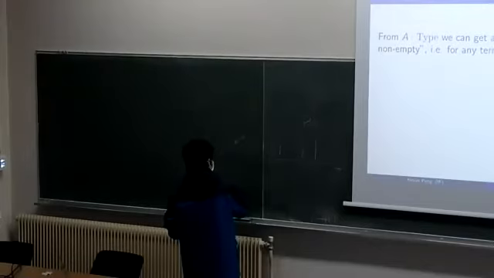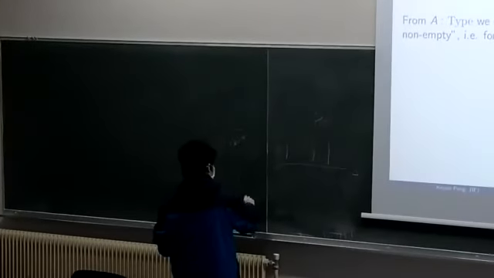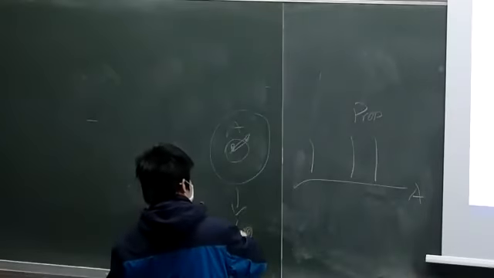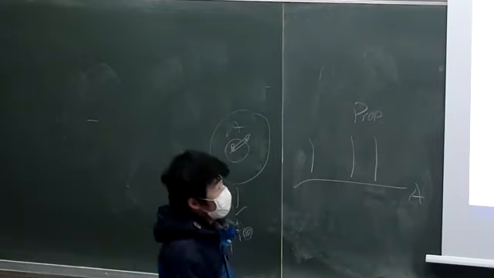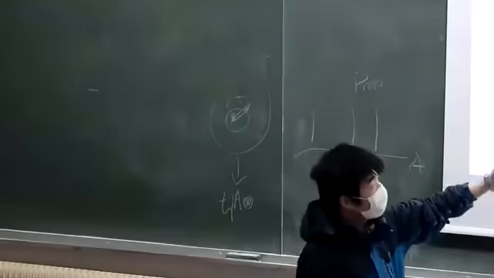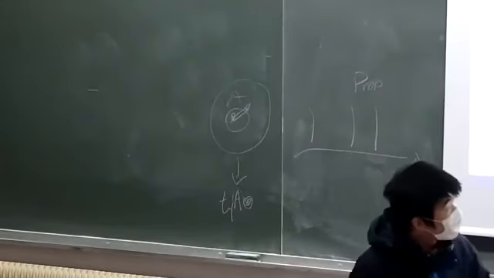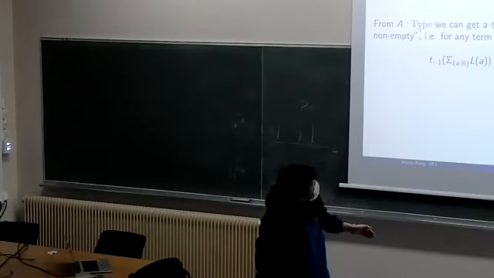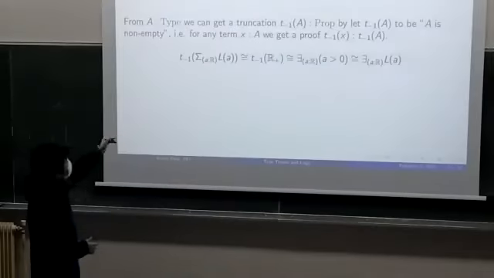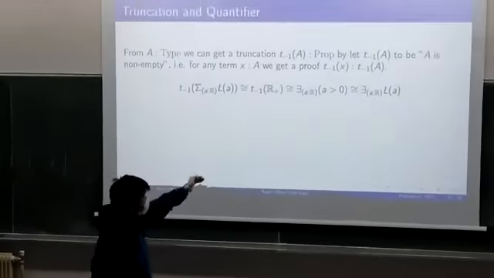This will become the t minus 1 of A. But you can also think that the t minus 1 of A is a proposition that A is not empty. So let's try to take the truncation of the sigma type.